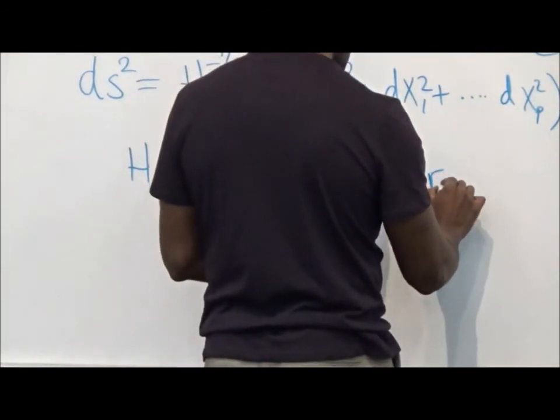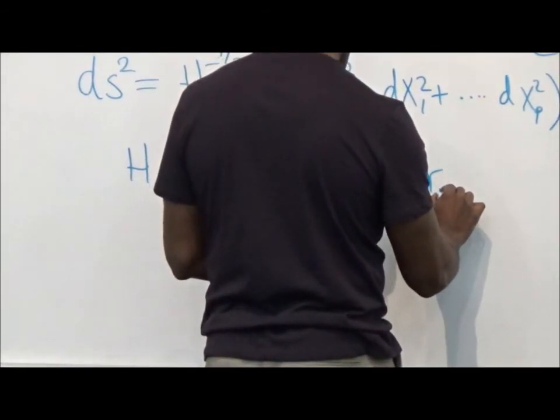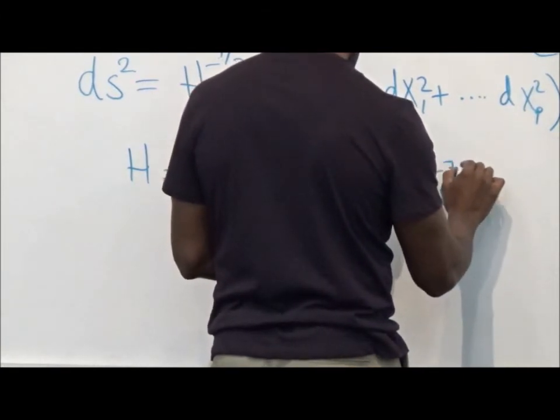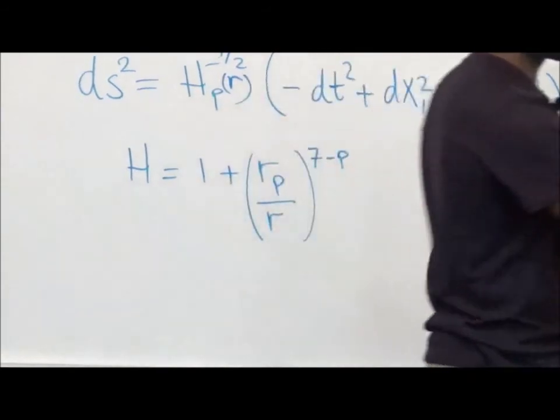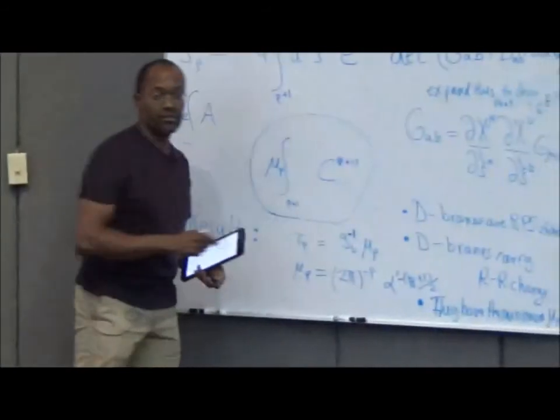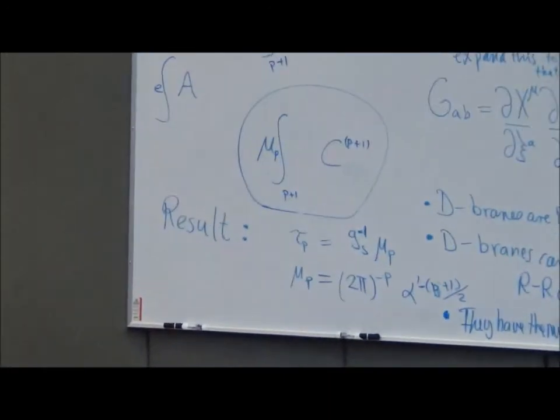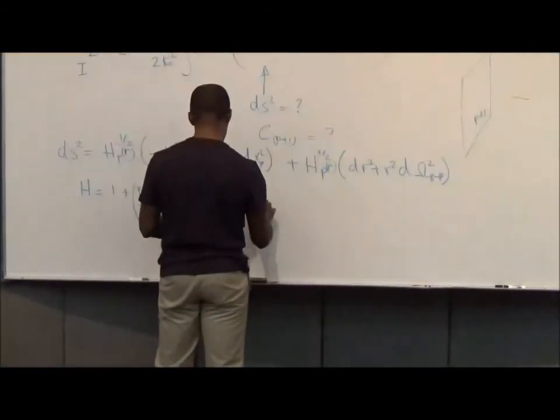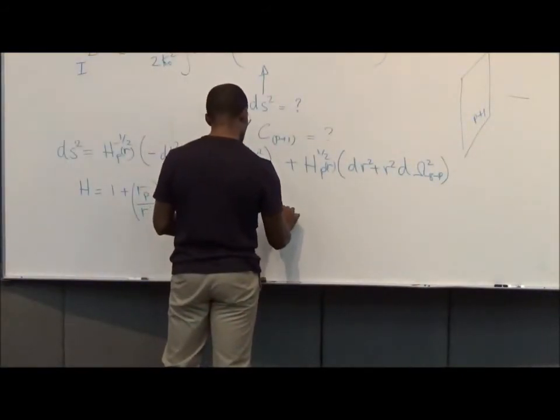Basically, these numbers simply come from the fact that if I were to measure the mass of this solution, it would better be some integer number times this tension.